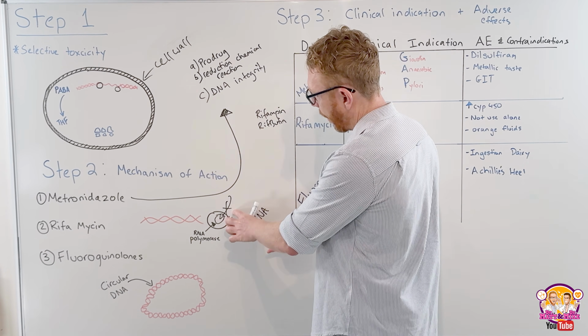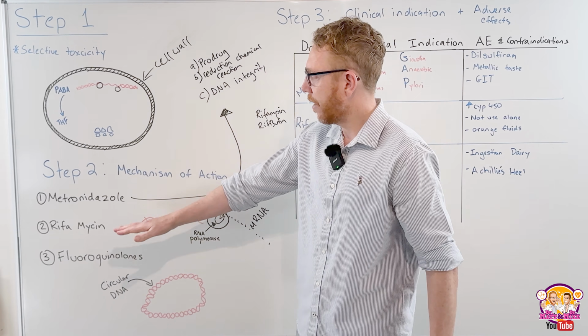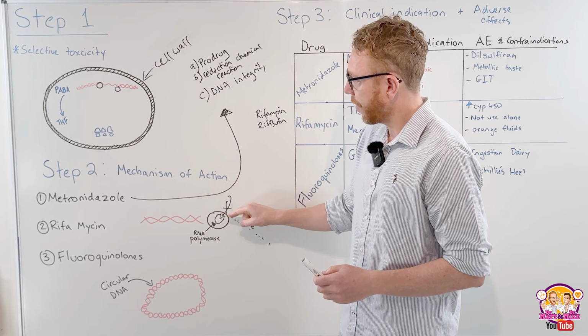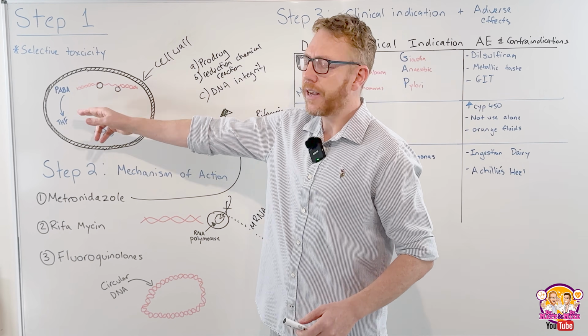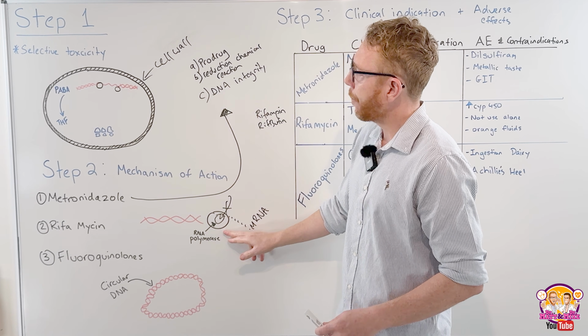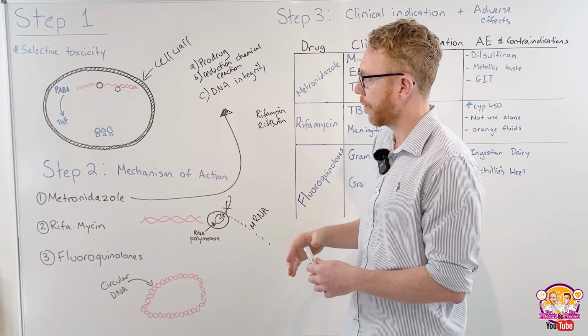So we're not producing mRNA, therefore the bacteria can't make viable proteins and therefore the bacteria die. So the difference here, the metronidazole is all about the integrity of the DNA. This is about the RNA polymerase, therefore can't make the proteins or the mRNA.